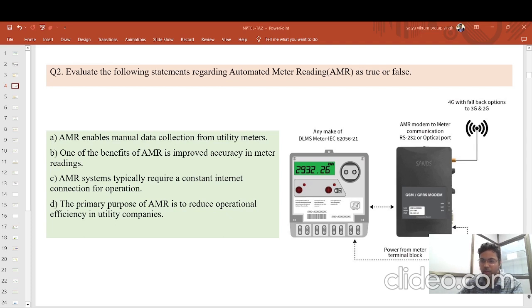Akshita is giving B and C as the correct answer. Pulash is giving BCD as the correct answer. Any other answer?